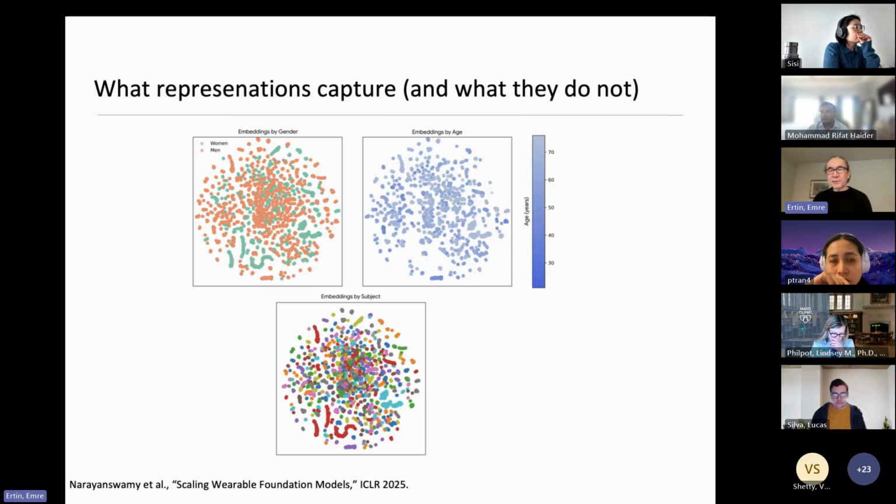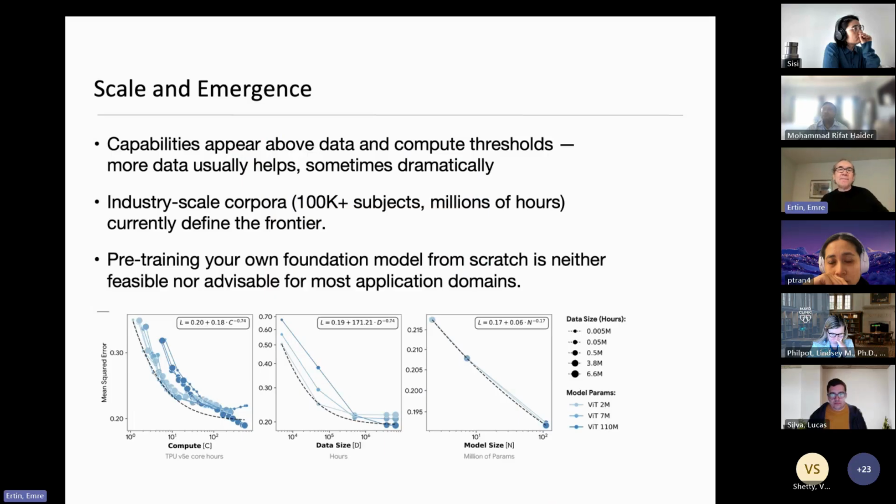So all these privacy concerns about foundation models not revealing are still standing. This also tells us that if a certain group, age or gender is underrepresented, everything that we build on top will be affected by the quality of that foundation model itself.